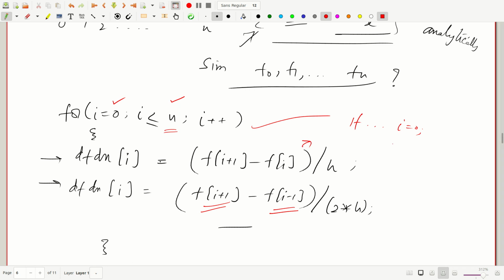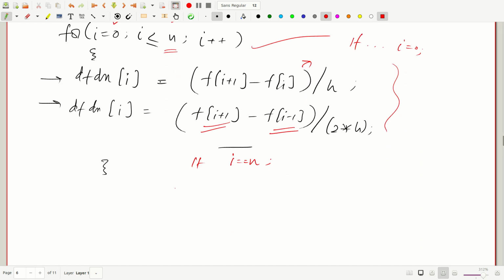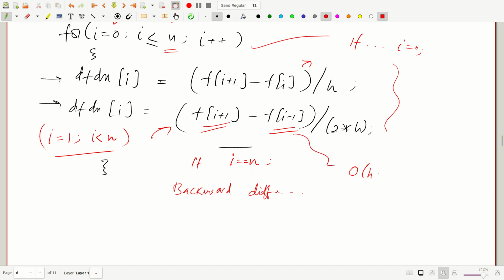And if I am at i equal to n, then I'm going to use the backward difference formula. That is one thing you can do. And then if you are in between, let's say going from i equal to 1 to i less than n, then you could use the central difference formula, which is second order accurate.